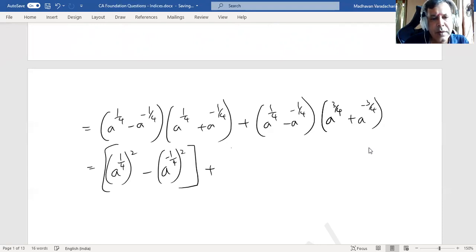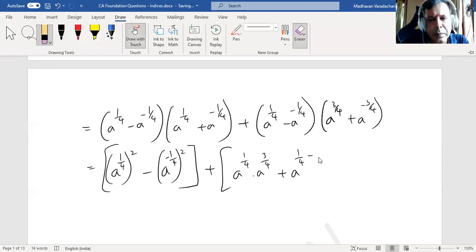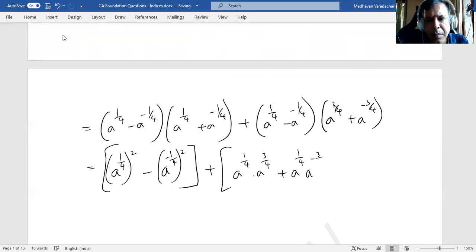Then we have plus. Let me individually multiply a power 1 by 4 into a power 3 by 4, plus a power 1 by 4 multiplied by a to the power of minus 3 by 4, minus a to the power of minus 1 by 4 into a to the power of 3 by 4, minus a to the power of minus 1 by 4 into, just a moment, here what I wrote is correct or wrong?